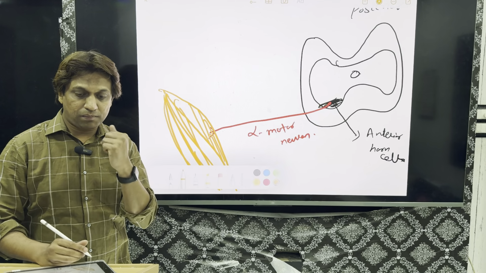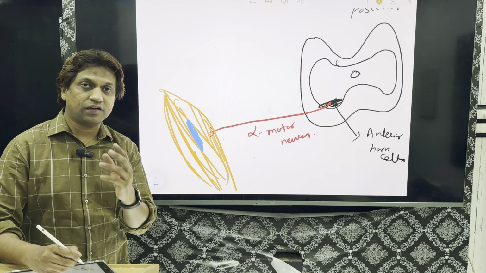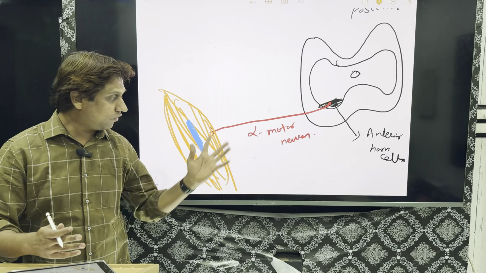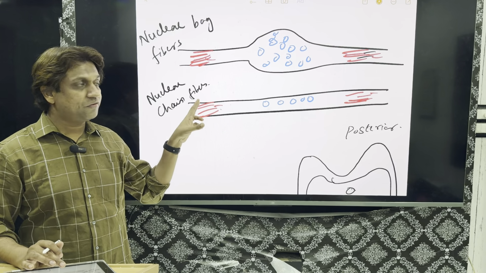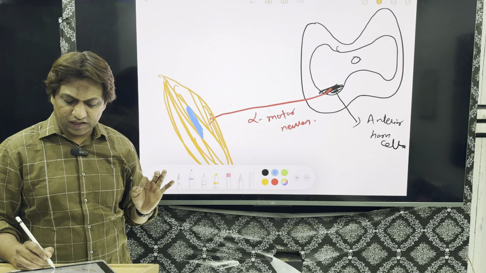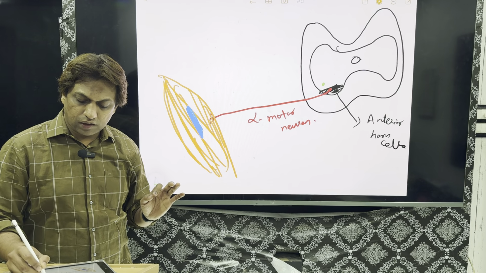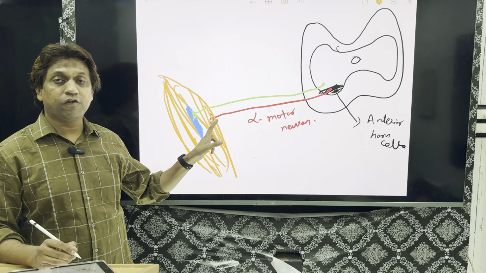Now, we are discussing the muscle spindle. In the center here there is a muscle spindle. These are extrafusal fibers, and these are intrafusal fibers, made up of nuclear bag fibers and nuclear chain fibers. Now, it is connected by one more motor neuron; the alpha motor neuron connects the extrafusal fibers.